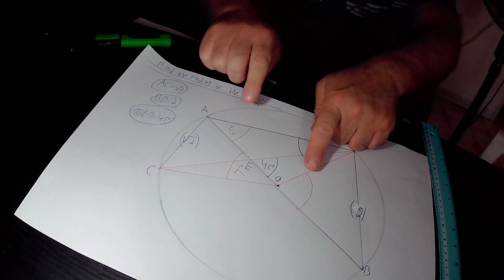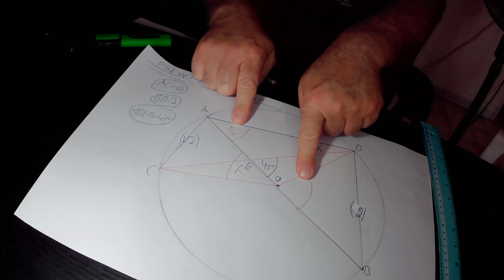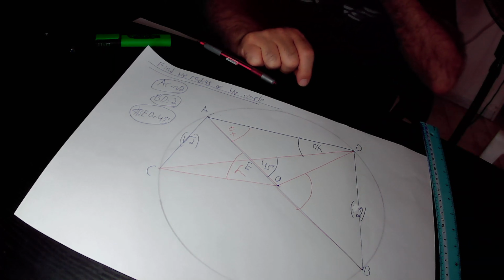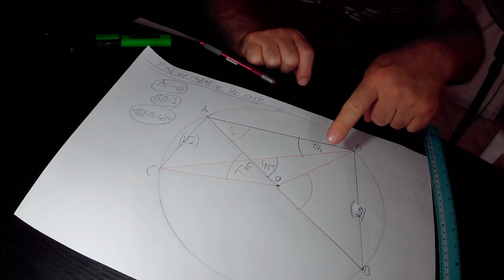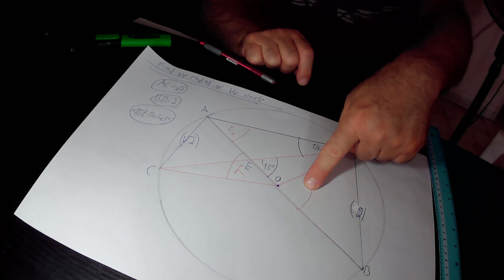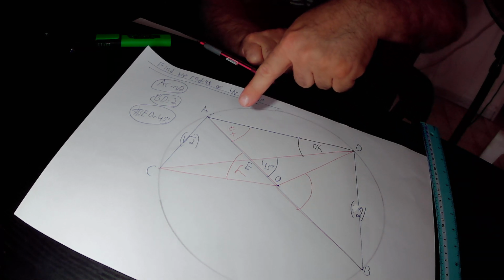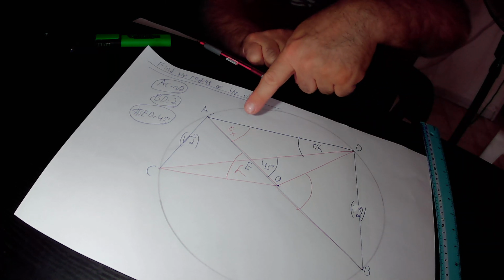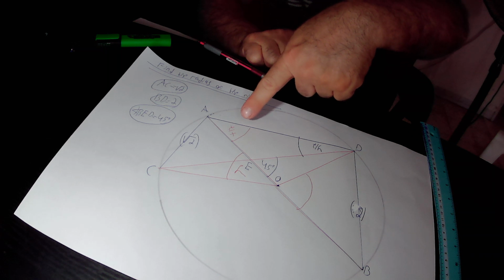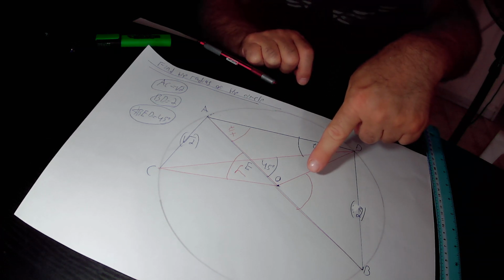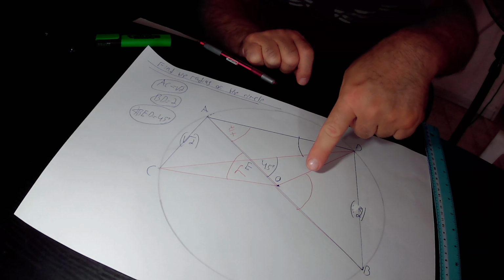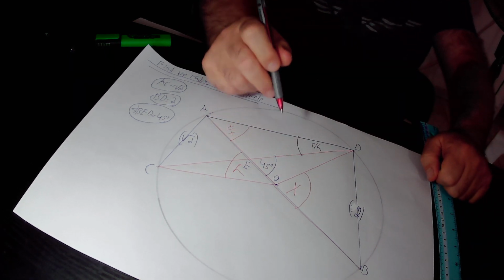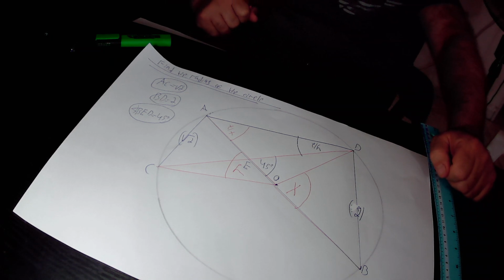So those two angles are both subtended on the same chord DB. And therefore, according to rule 13, the size of this central angle must be twice as large as the size of this peripheral angle, because both of them subtend on chord DB. The size of this peripheral angle DAB is x over 2, and therefore the size of this central angle must be equal to x over 2 times 2, that is x. According to rule 13, of course.